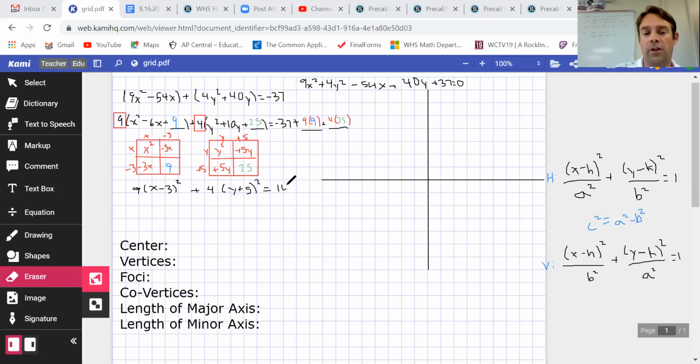When we add it to the other side, you get 144. So now we have our equation that would have been a circle, but if you notice, they have different numbers in front of the parentheses, so it's not a circle. That makes it an ellipse. So we are going to then set that side equal to 1 to get our actual equation.